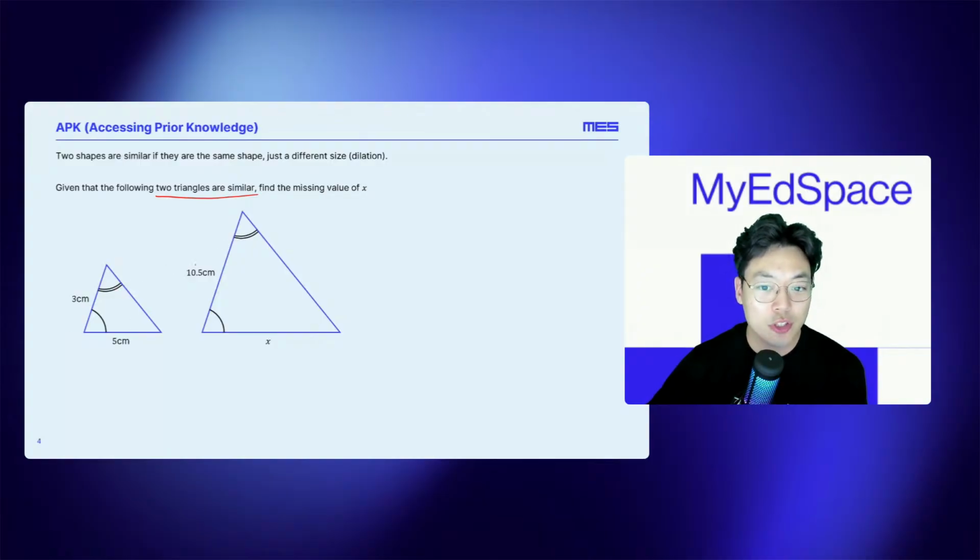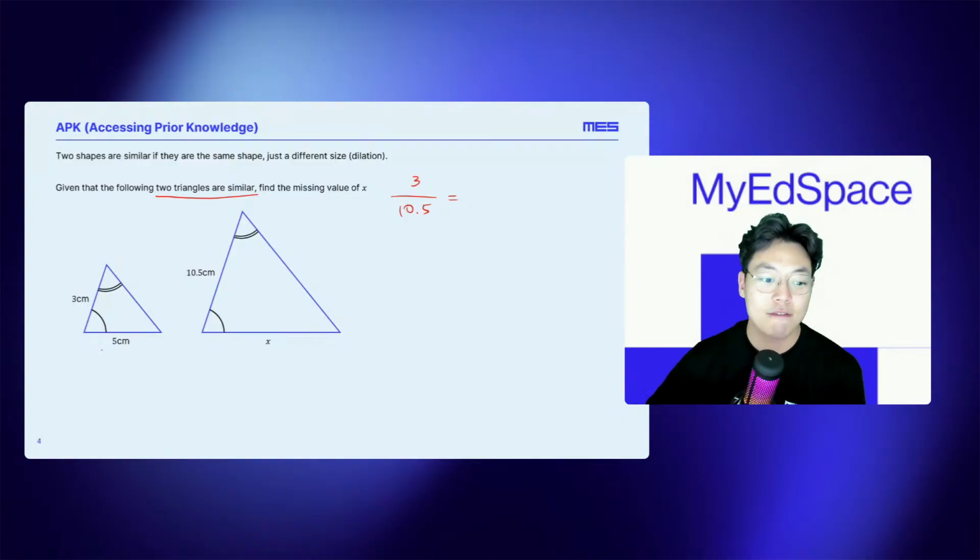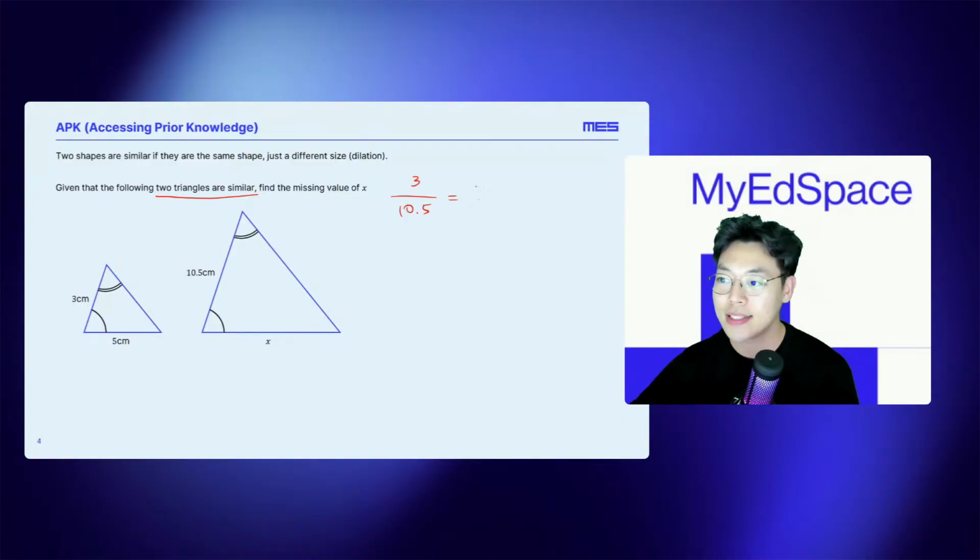So we have two angles that are congruent, and then we have these two sides in between the two angles. So we know 3 will be proportionate to 10.5. So we can write 3 is to 10.5 as 5 will be to x. 5 is to x.